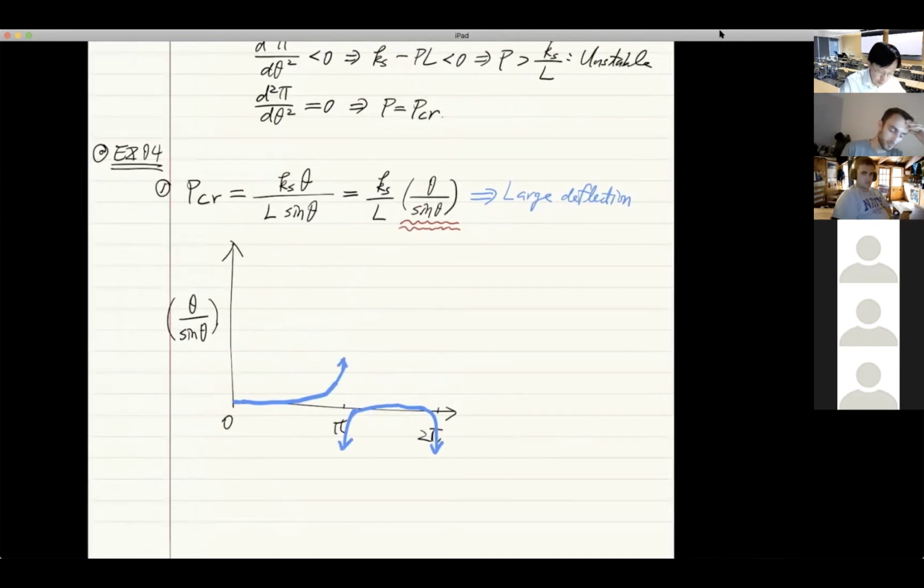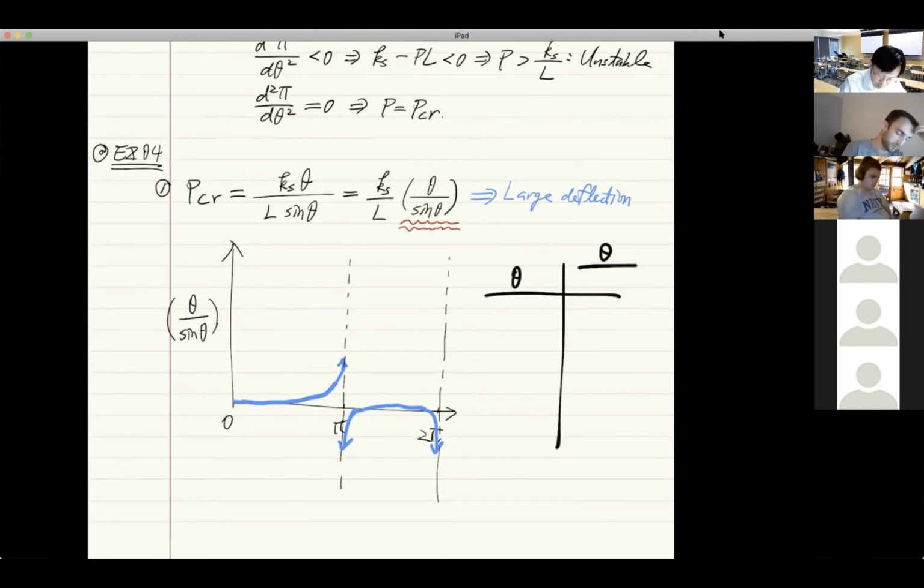And just give you a table, and here you have these two values like this. Just give you some ideas about how this value changes between theta and also theta over sine theta.